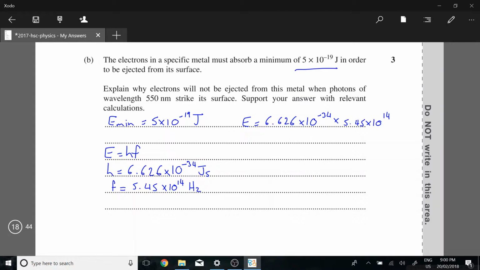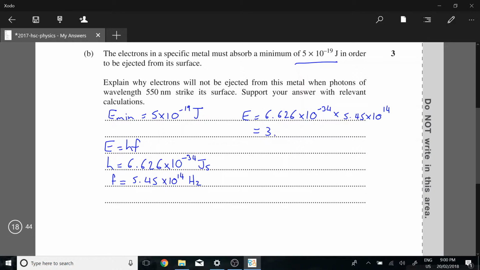Putting that in the calculator, I get 3.61 times 10 to the minus 19 joules.